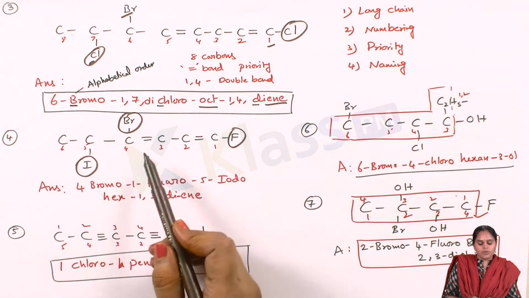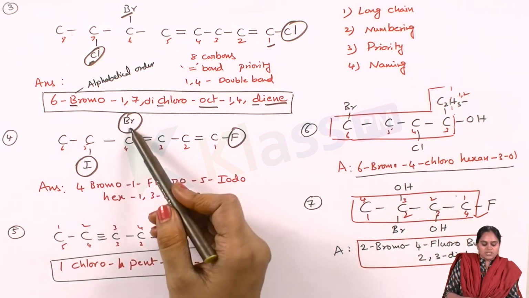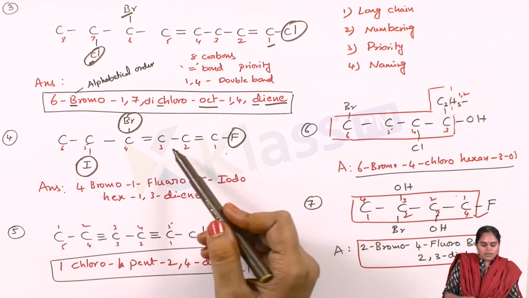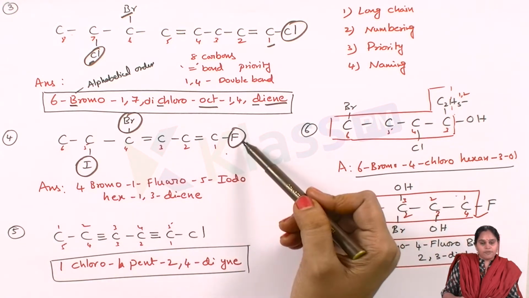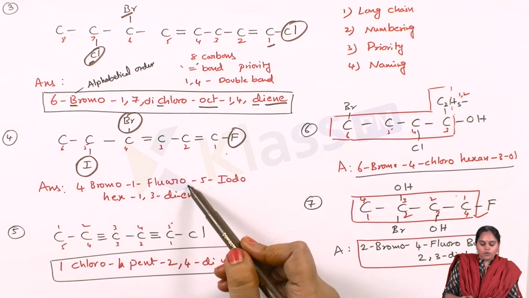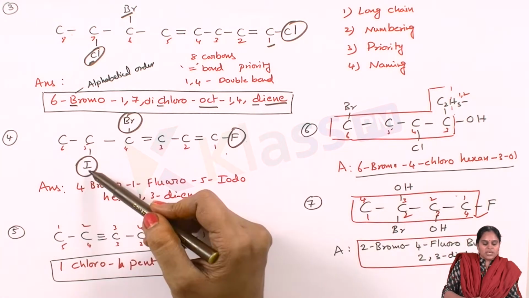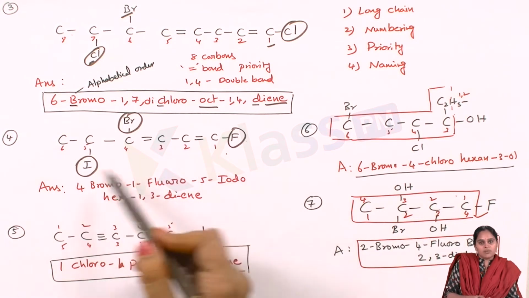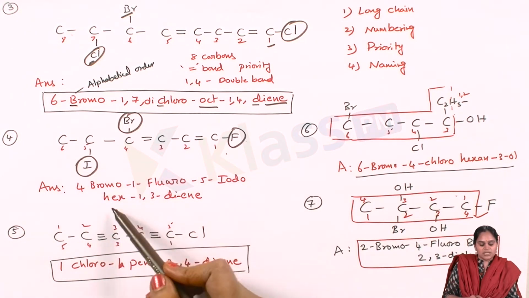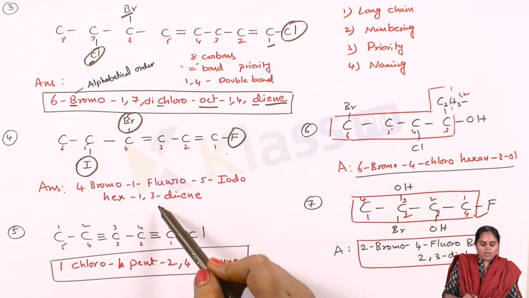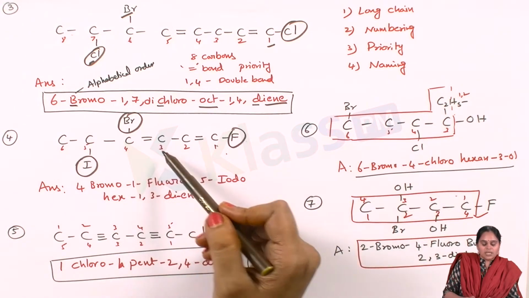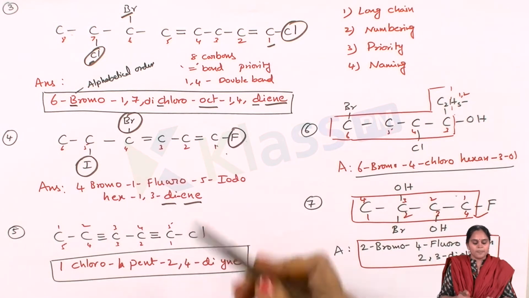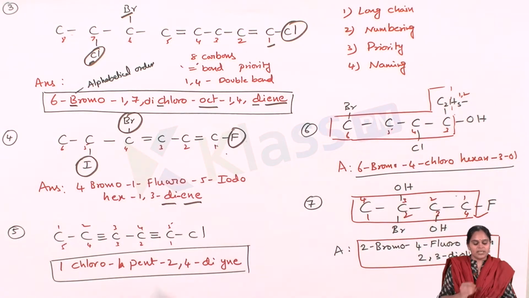First follow the alphabetical order. First comes bromine, 4-bromo, then A, B, C, D, E, F, fluorine will come, 1-fluoro, then iodine, in the 5th position, 5-iodo. In what chain? 6 carbon chain, that is hex. Then 1,3, what is there? Diene, double bonds are there. This is how you have to explain the name.